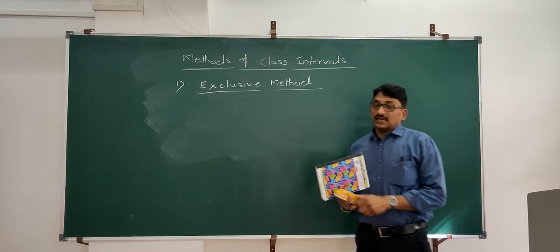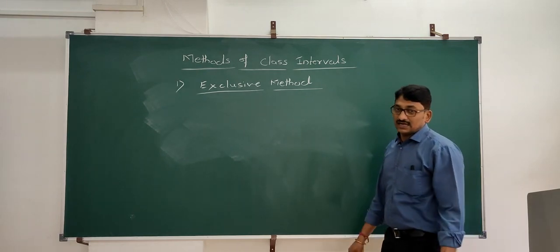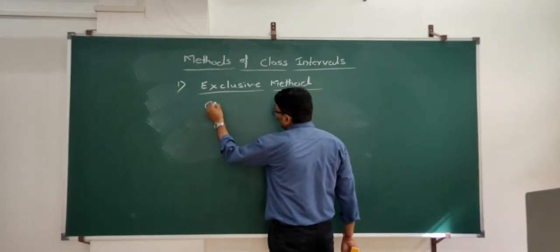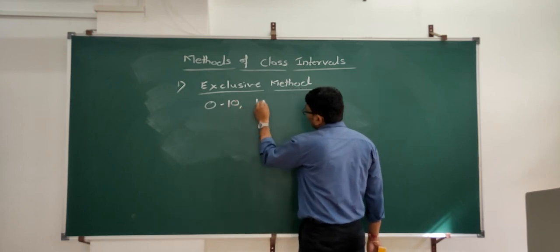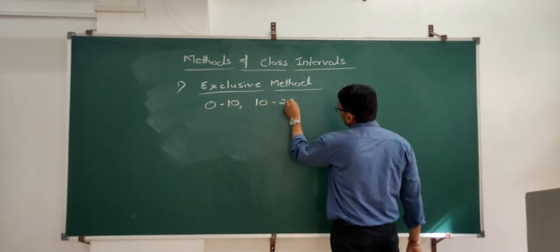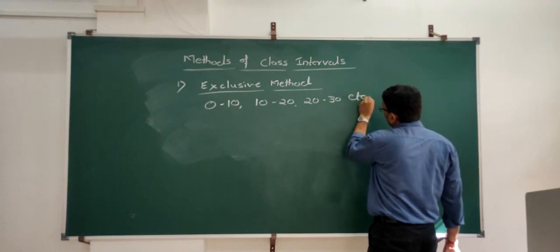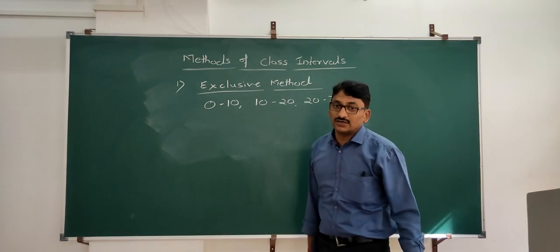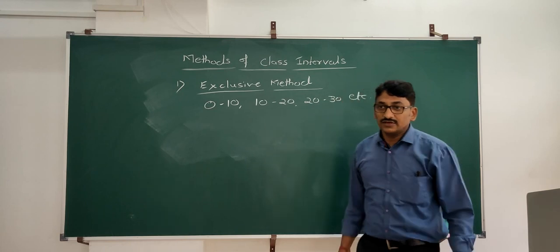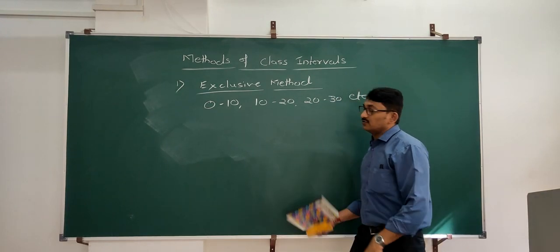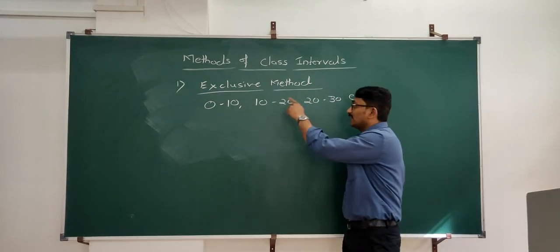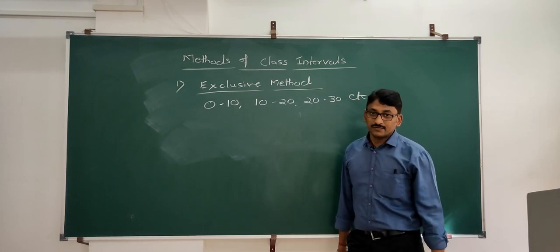The classes of the type 0 to 10, 10 to 20, 20 to 30, etc. are known as the exclusive method of class interval. Here I have given you an example of the exclusive method, but why it is called the exclusive method, I will tell you now.